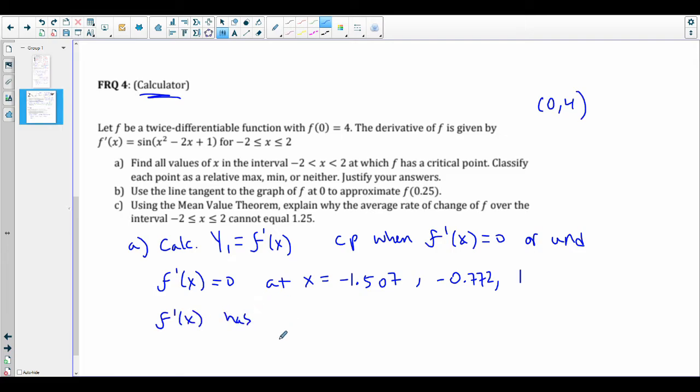Because f prime doesn't change signs at 1, we're going to ignore it. So we have a relative max at -1.507, and we're going to say that's because f prime goes from positive to negative.